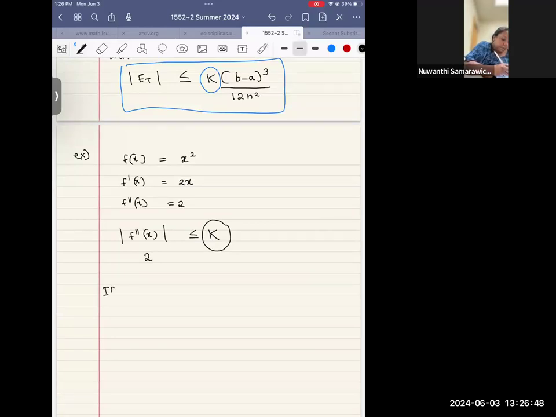Let's say K is equal to 3, a is equal to 0, b is equal to 10, and n is equal to 5. Can you find the error estimate? What is the error estimate you get?